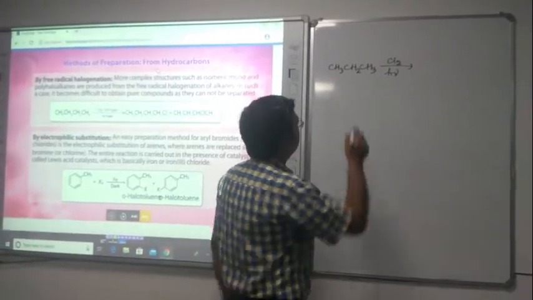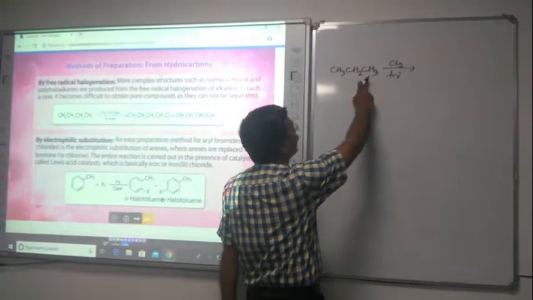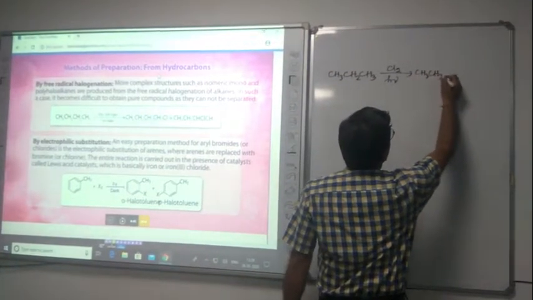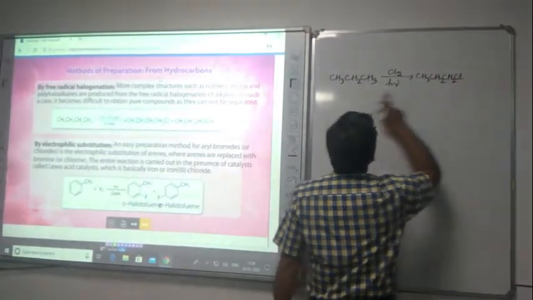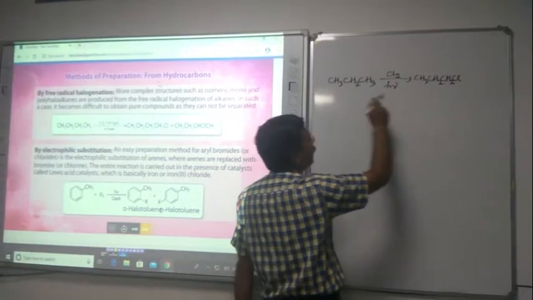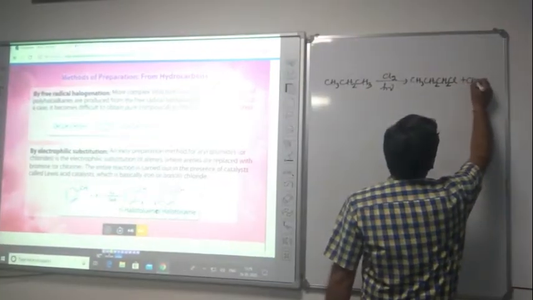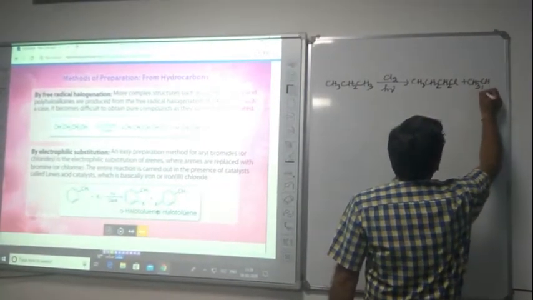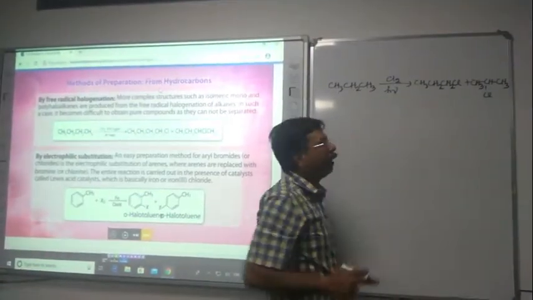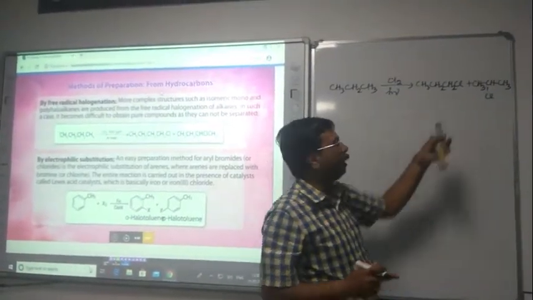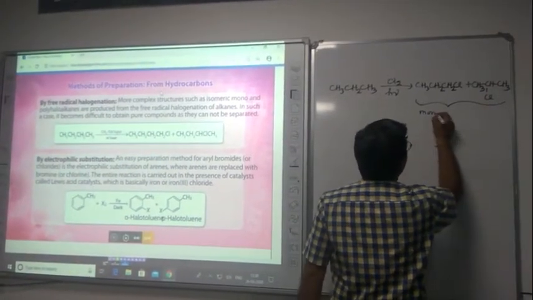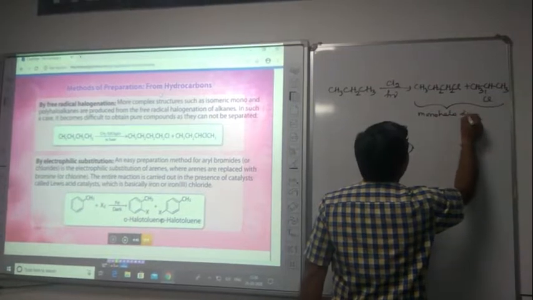See, in the monohalo derivative, this H can be replaced by Cl, giving CH3CH2CH2Cl. This H or this H replaced by Cl gives the same product. If this H, the middle one, is replaced by Cl, we get another product. So we can get 1-chloropropane as well as 2-chloropropane, two possibilities, and these are the two monohalo derivatives.